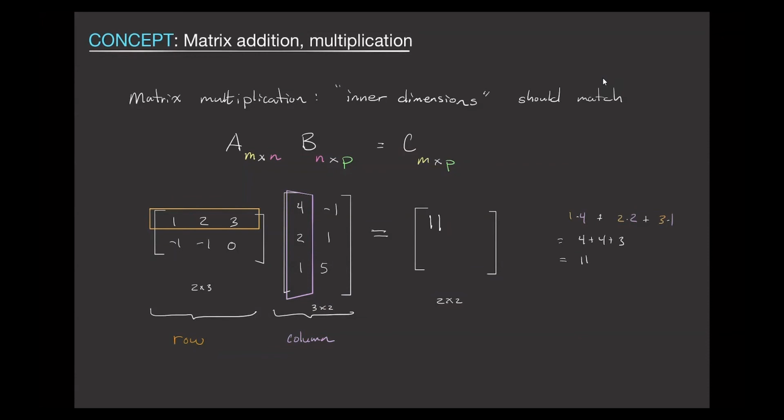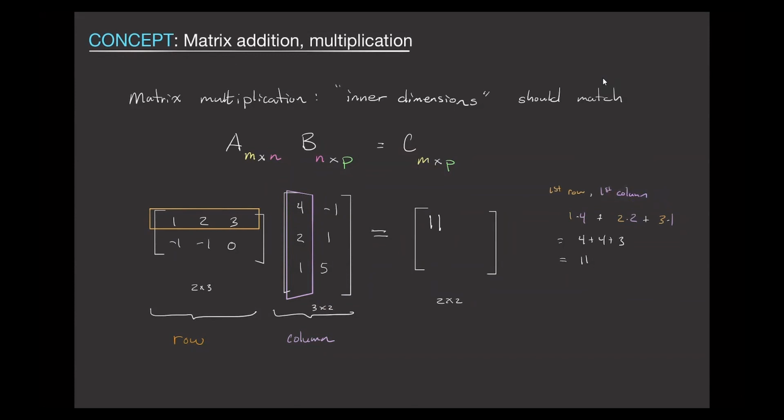Then correspondingly, if we take the first row, second column, just to be clear, this is the first row, first column. And when I say first row, I mean the first row of the first matrix, which is in orange here, and the first column of the second matrix, which is in purple here.